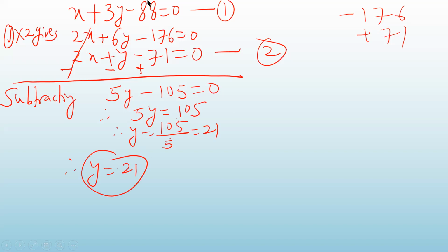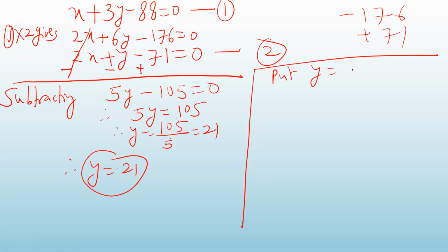So let me put it in the first equation. Put y equal to 21 in equation number 1. What is equation 1? It is x plus 3y minus 88 equal to 0. You can put it in 2 also, and you will get the same answer.